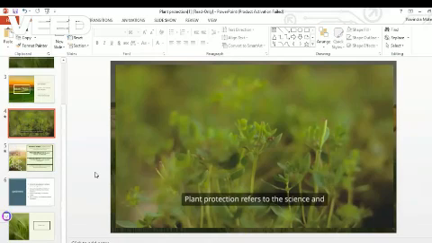Miss, I learned about the methods used to control pests, such as biological control and chemical control. Very good. Miss, there's also the IPM method. Yes, very good.